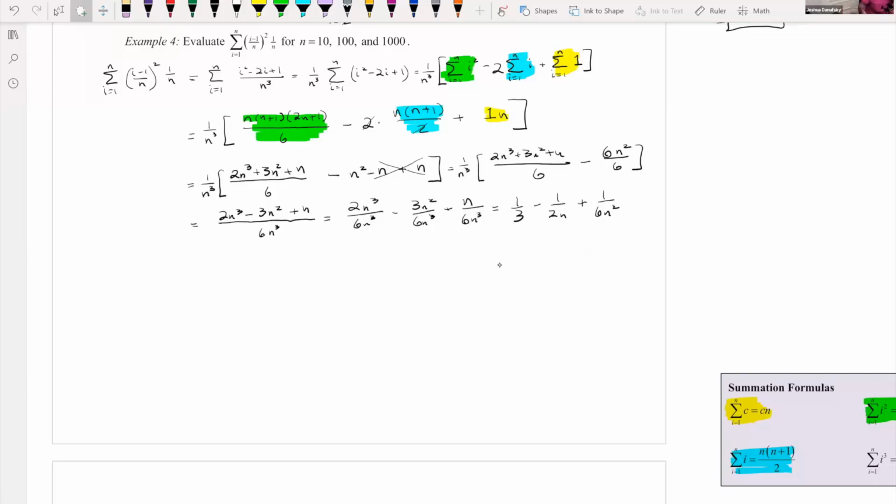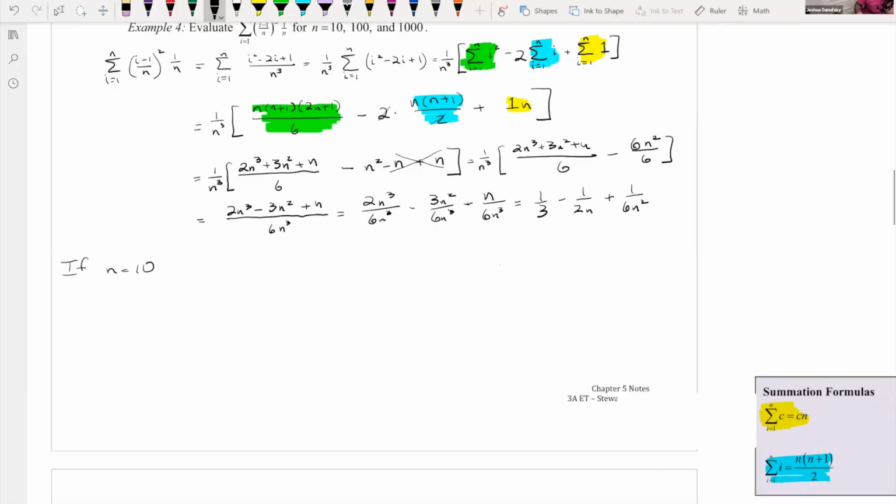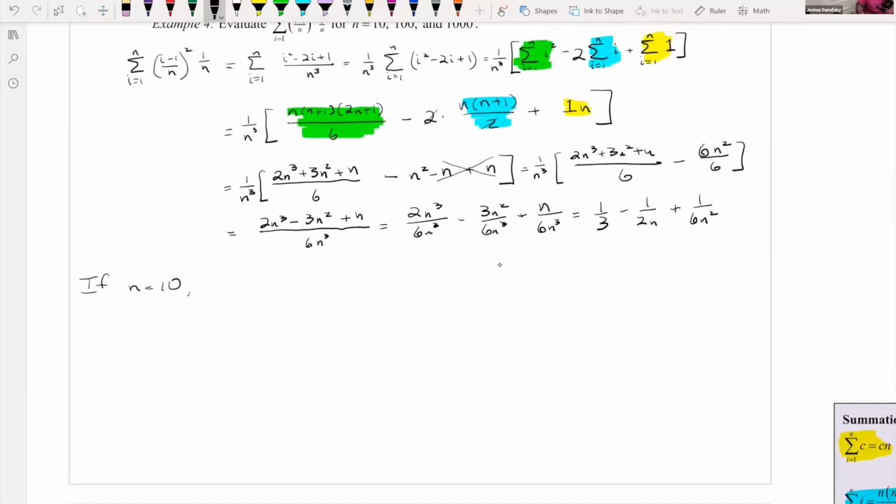So we're going to start with n equals 10. If n is equal to 10, then the summation from i equals 1 to 10 of ((i minus 1) over n) quantity squared times 1 over n is going to equal this right here, plugging in 10 for each of our n.